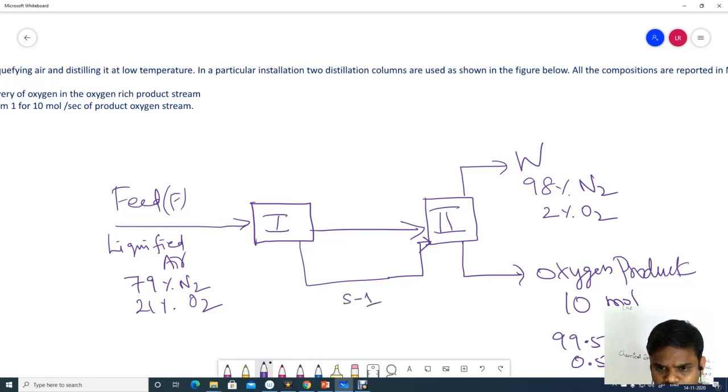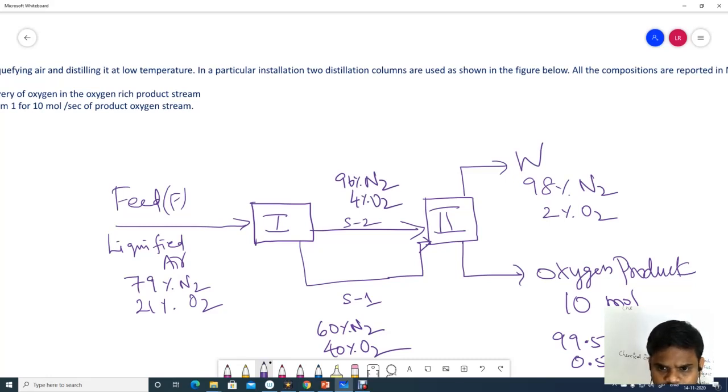This is stream 1. This is stream 2. Stream 1 is given as 60% nitrogen, 40% oxygen. Here we have 96% nitrogen, 4% oxygen. Okay. So we have a feed stream, and we have distillation column 1.